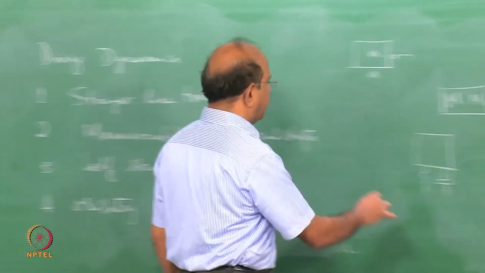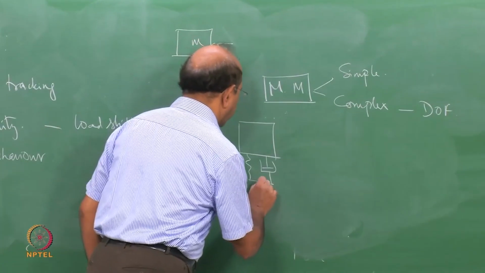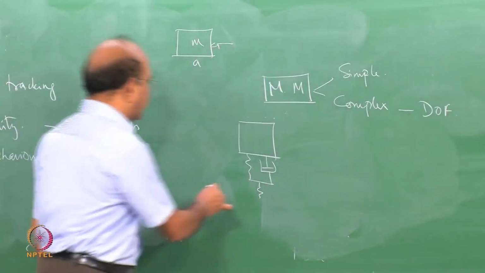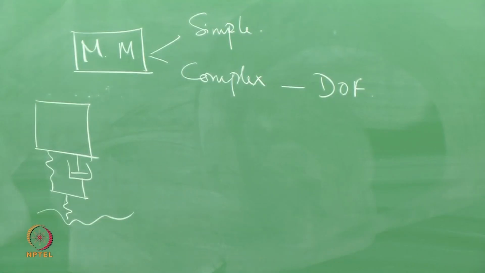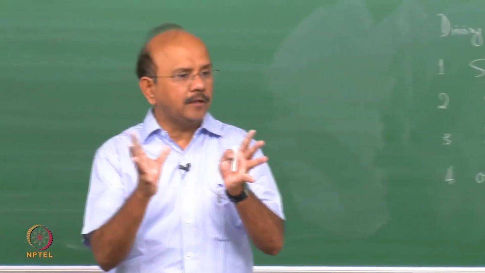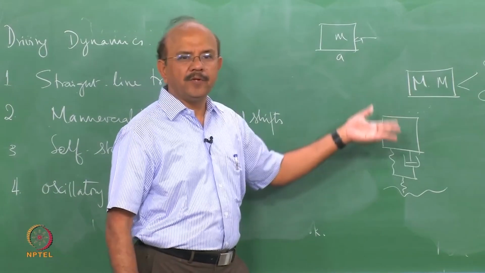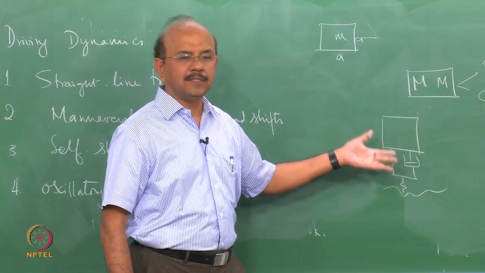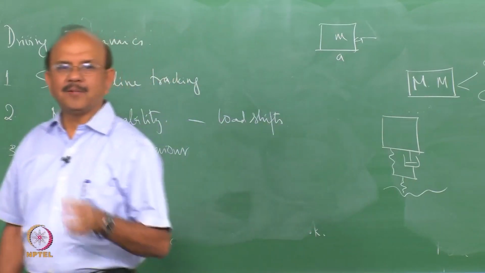So let me say that the tire is just another spring, and that the tire goes over a rough road and so on. So what did I do? The same vehicle, a different mathematical model or a different view of the vehicle's behavior I have given, and the type of degrees of freedom here, what I have chosen, is different from what I have given here, and so on.